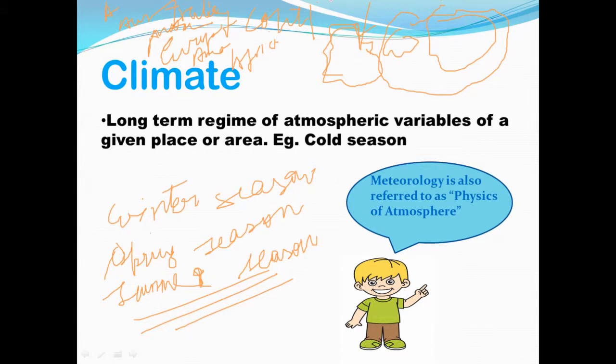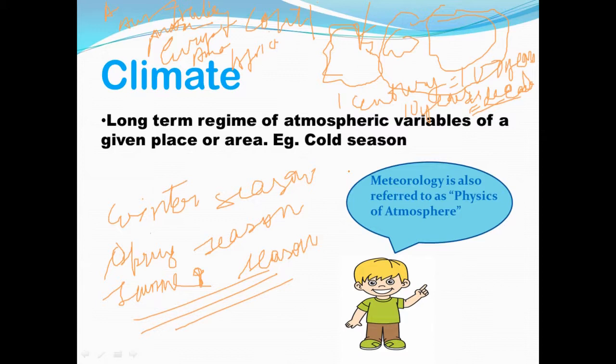1 century equals 100 years, and 10 years equals a decade. So when we talk about a larger region and a larger span of time, we take the average of all the weather conditions during this time span in that region, and we call it a climate.